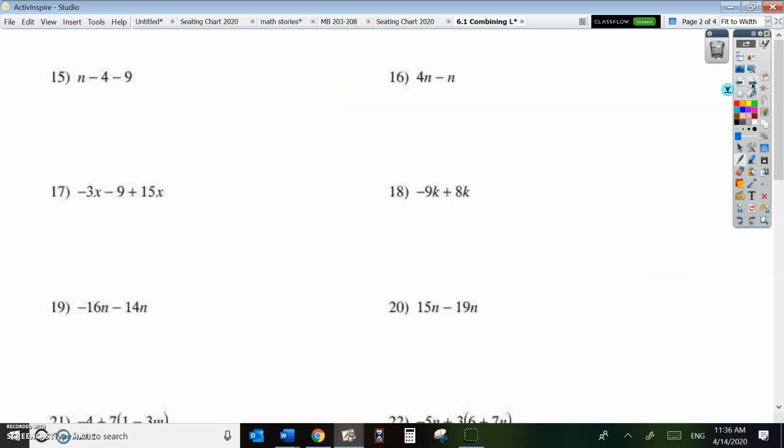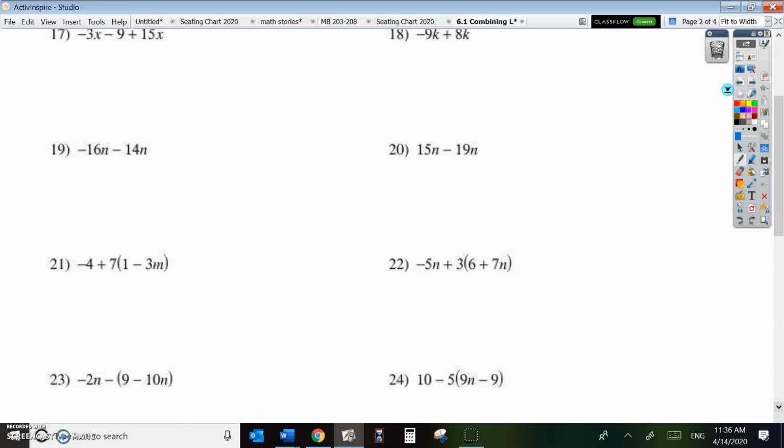Let's look at these problems here. 21, 23, 22, 24. I will show you how to do problems 21 and 23, and then you'll have a question with problems 22 and 24.